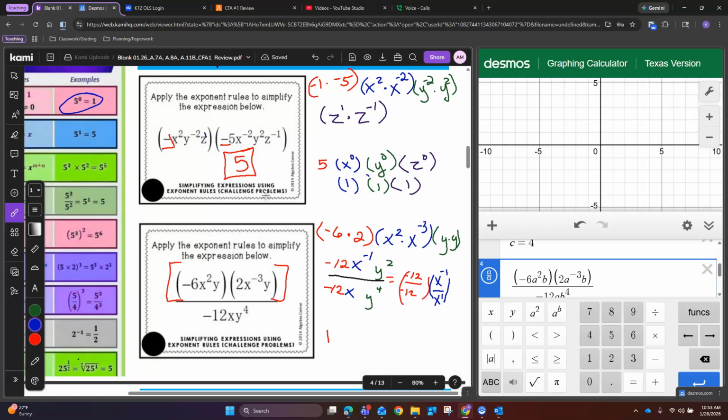Okay, so negative 1 minus 1 is negative 2. Okay, and then y squared over y to the fourth, and again, that's going to be 2 minus 4, so it's going to be negative 2. Best way to write this is a fraction. Remember, negative exponents go in the denominator.